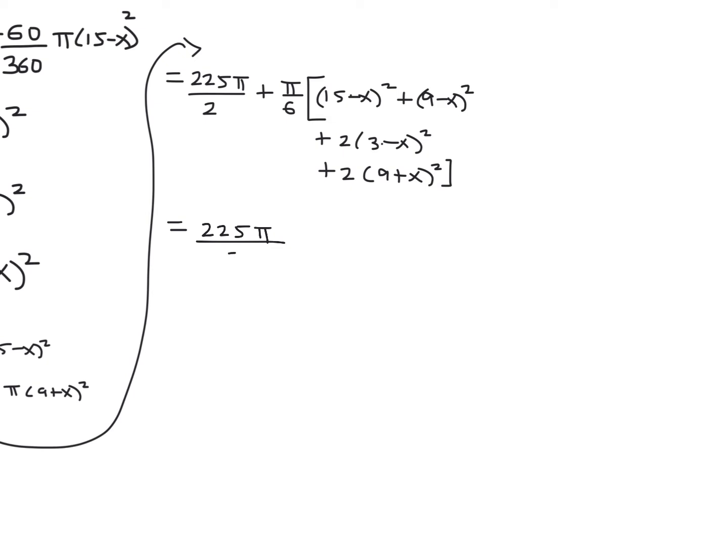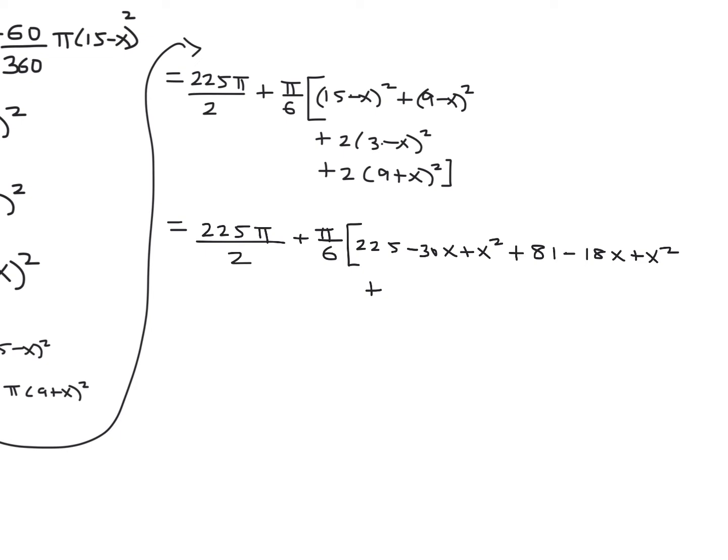We got to expand and all that stuff. So this is going to be pi over 6. And when we expand this, 225 minus 30x plus x squared plus 81 minus 18x plus x squared plus, now I've got to multiply by 2, so don't forget to do that.